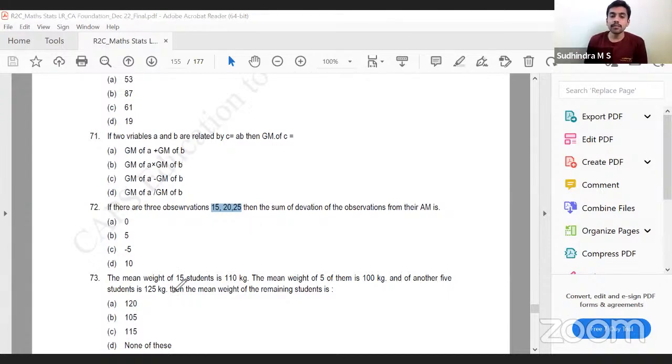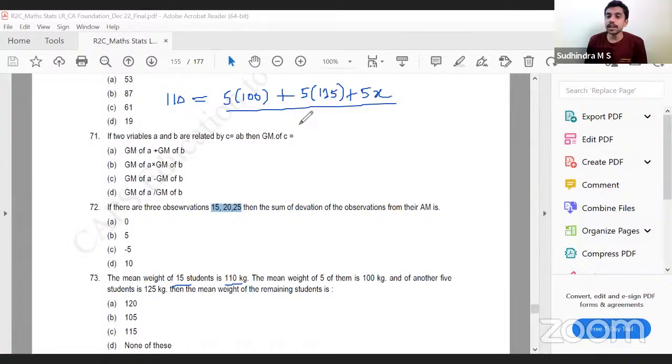Mean weight of 15 students is 110, so 110 is combined arithmetic mean. 5 students is 100, 5 into 100. Another 5 is 125, 5 into 125. Balance 5 we do not know. So 5 into x divided by 5 plus 5 plus 5, 15. 110 into 15 we get 1650 is equal to 5 into 100 is 500, 5 into 125 is 625 plus 5x. 500 plus 625 is 1125.